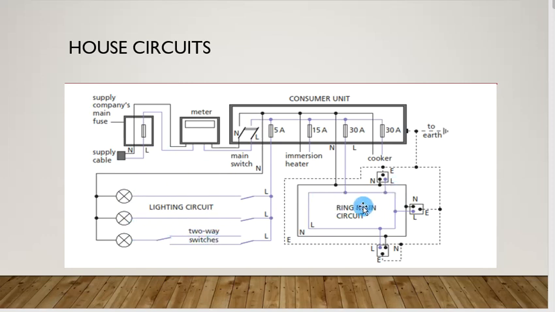And then we also mentioned the fact that the ring main circuit has a third loop, which is the earth, which is connected to the earth wire outside, or simply to a pipe buried underground. And then you can see here that the consumer unit is also connected to earth. The cooker is connected to earth.